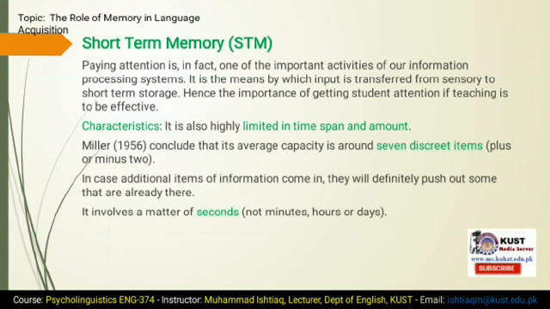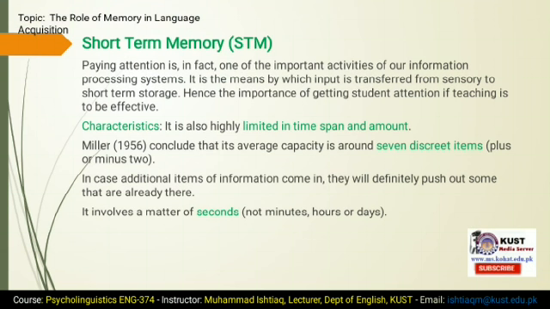Look, sensory memory can only retain information for a fraction of a second, whereas short-term memory can retain information for seconds, not fractions of seconds, but for seconds. It should be noted it's not for minutes even, not for hours, not for days. So seconds.